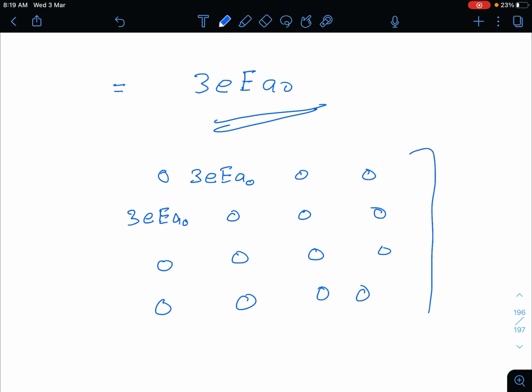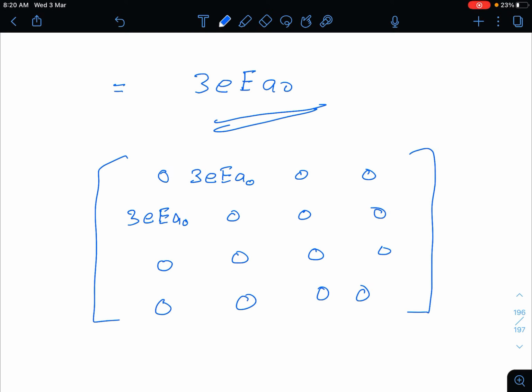This is the matrix now. Good. This is the matrix we will be getting. All right, so this is the matrix that we are going to get. Good.